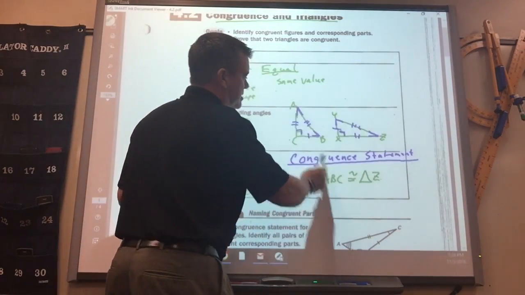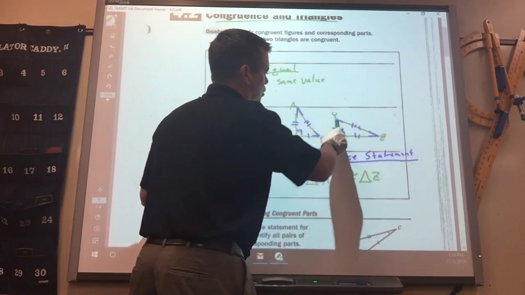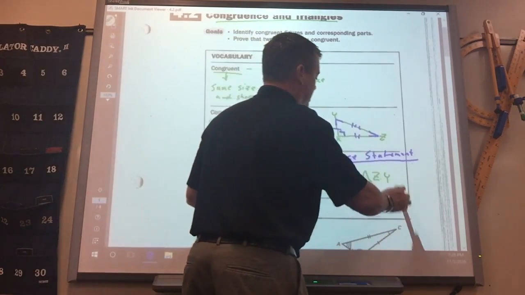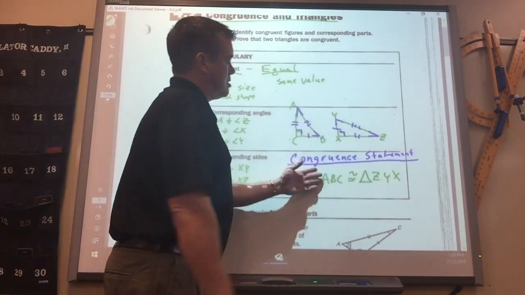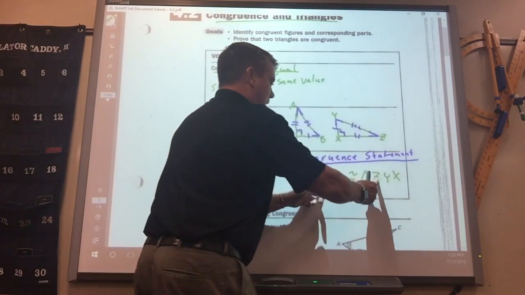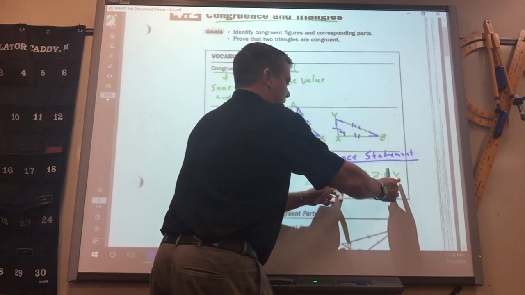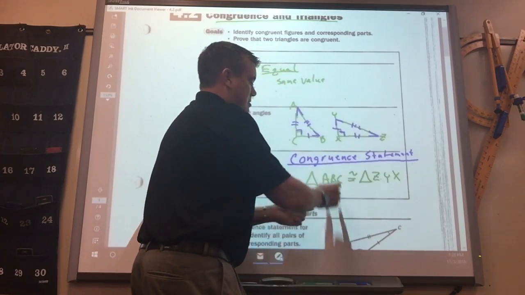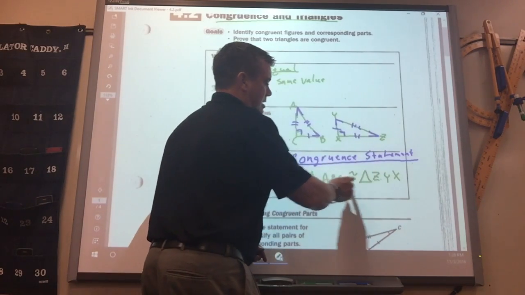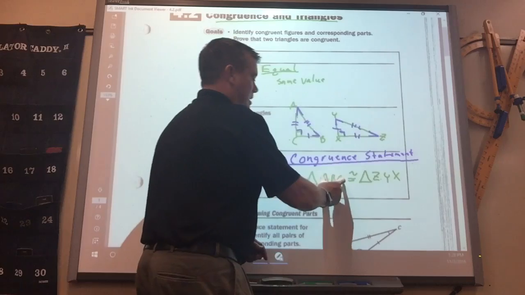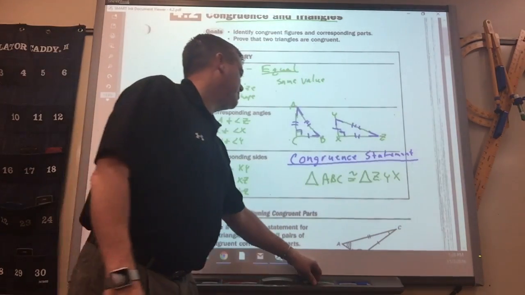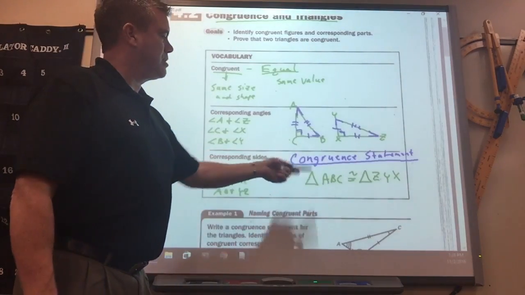And since I put B second, I have to put Y second, and then C and X. So you can just look at this to see what's corresponding. A and Z are the same, B and Y, C and X, and you can also look at the sides. AB, the first two, equals ZY, BC equals YX, AC equals ZX. So that's just the congruent statement.